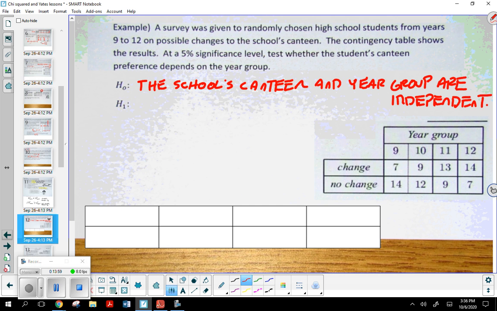I'd probably go ahead and say are independent of one another, but I'm just going to go ahead and say are independent. So what do you think the one change is going to be for the alternative hypothesis?